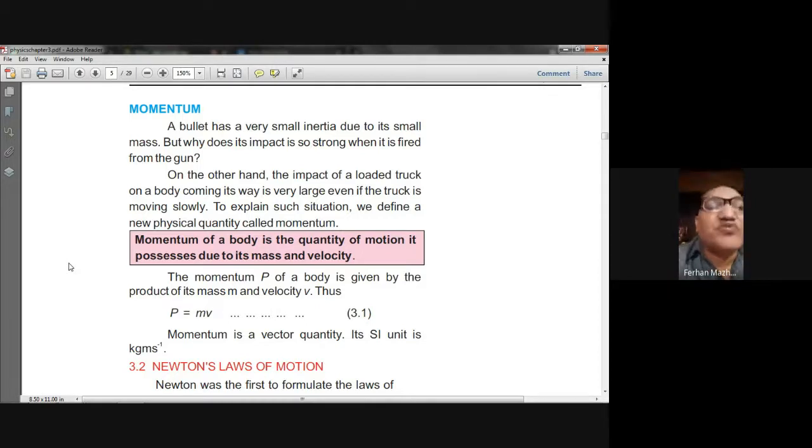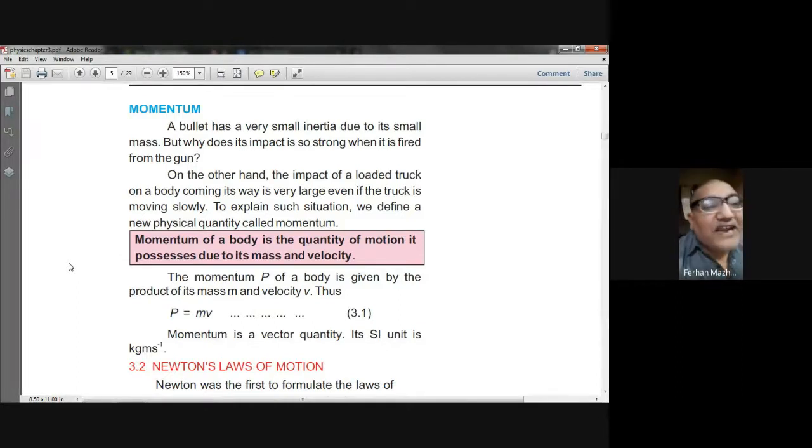To explain such situations, we define a new physical quantity called momentum. Momentum of a body is the quantity of motion it possesses due to its mass and velocity. The momentum P of a body is given by the product of its mass and velocity V. Thus, P equals mv.